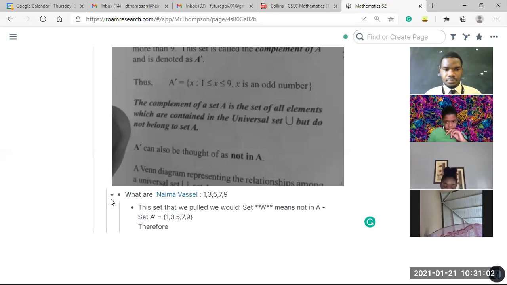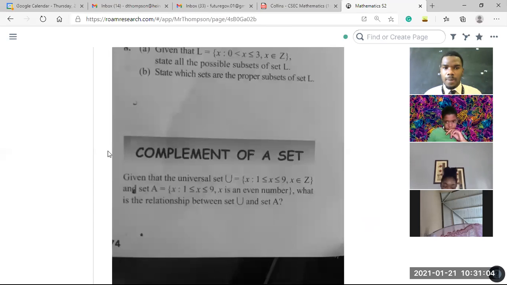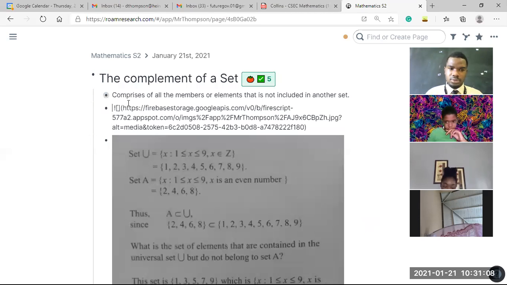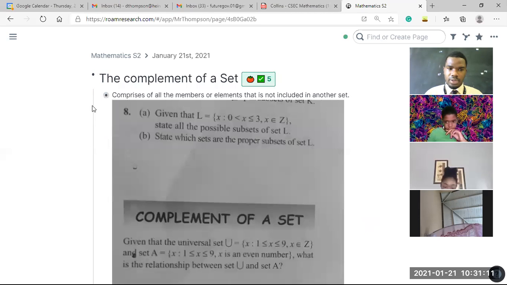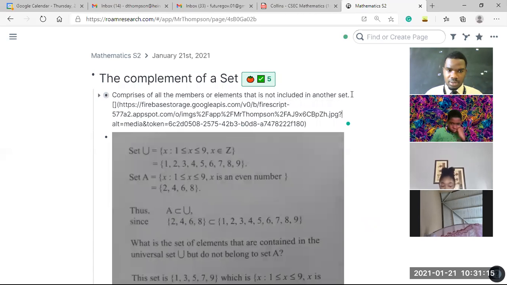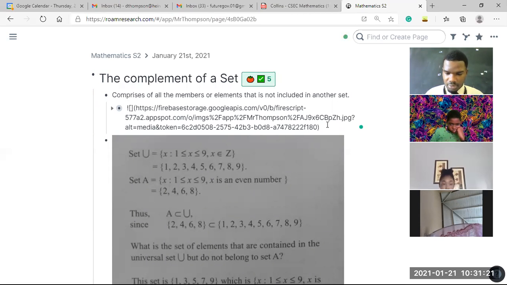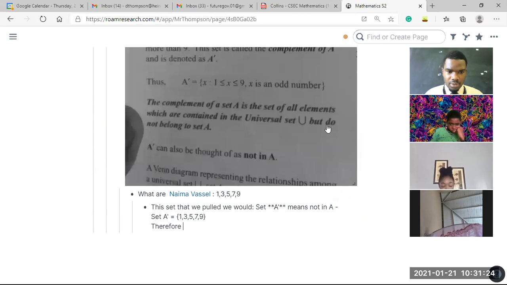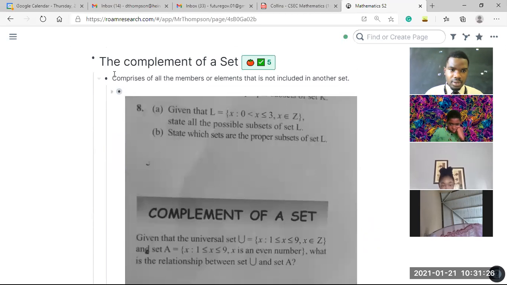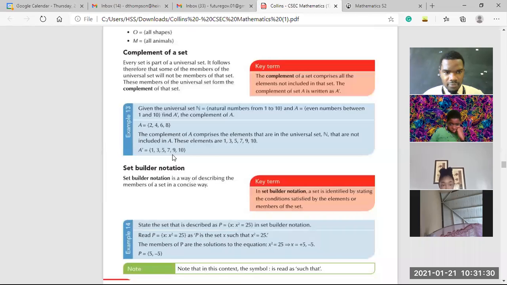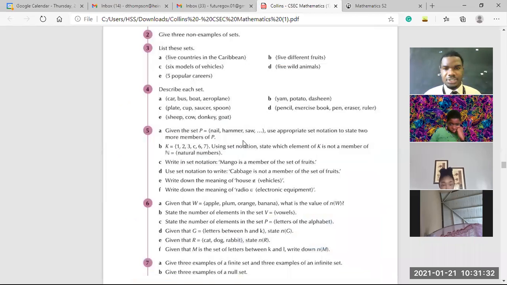Okay. So now we understand complement. The next topic that we're going to go to is going to be intersection of sets.